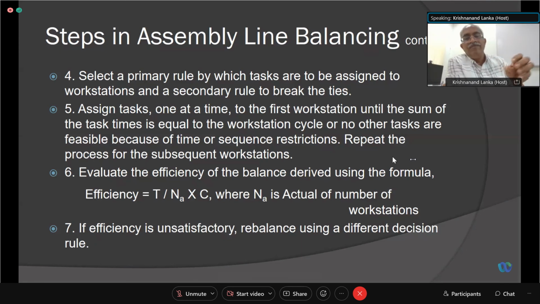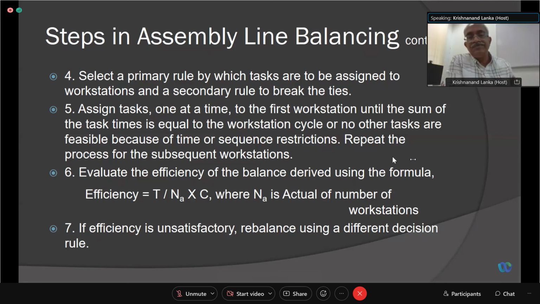Say, for example, suppose this guy takes only 10 seconds to put the tire and another 20 seconds to mount the bolts and tighten them. So in a single workstation you might have to assign 3 tasks: putting the tire, mounting the bolts, and tightening the bolts.